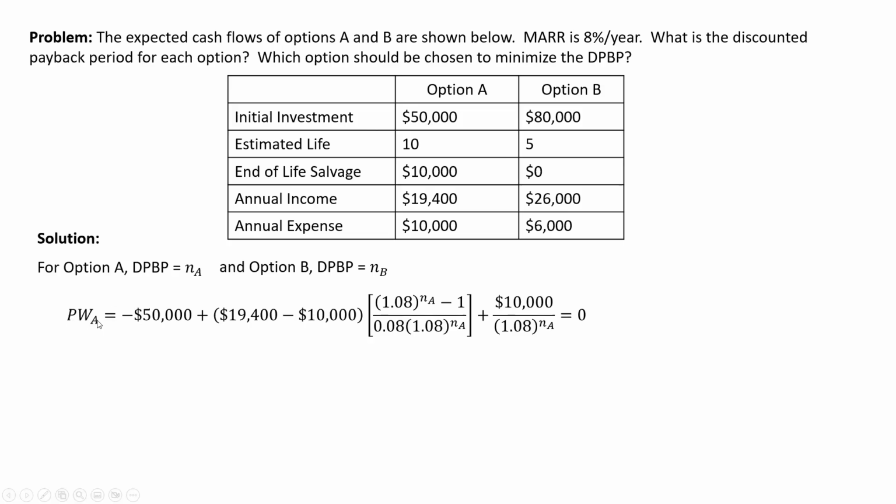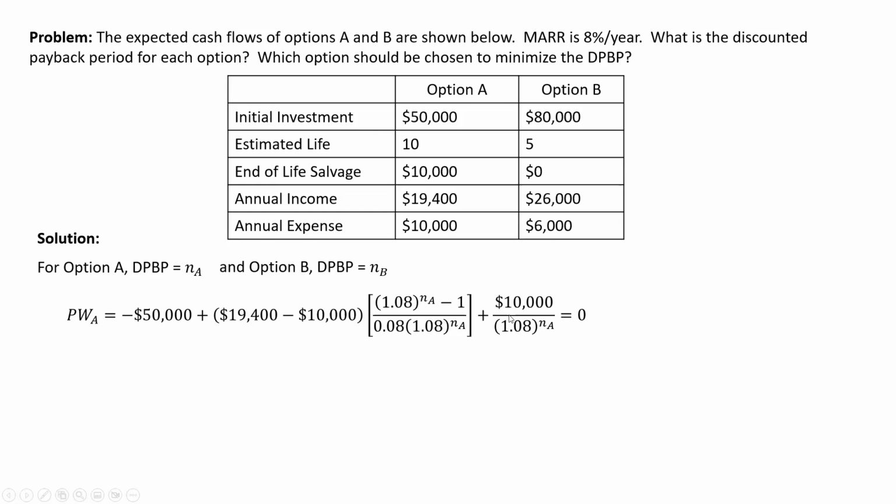So for present worth of option A, stands to reason you have a negative 50,000 corresponding to the initial investment, and benefit annual income minus expense, that is the uniform thing, and we are projecting it to t equals 0, a whole bunch of them.